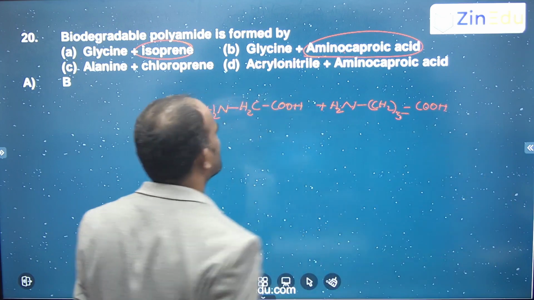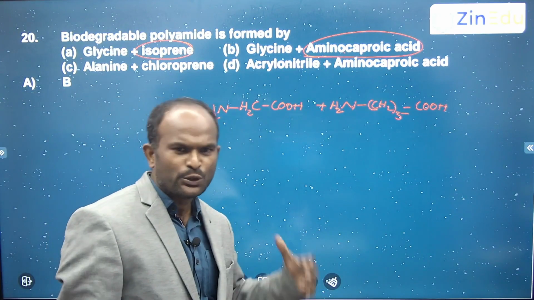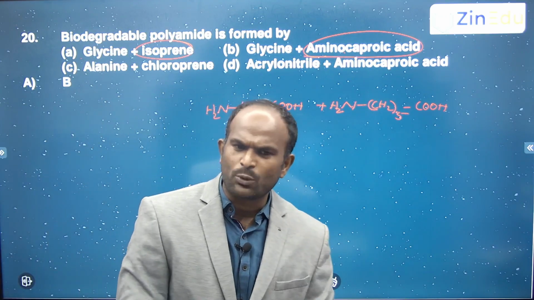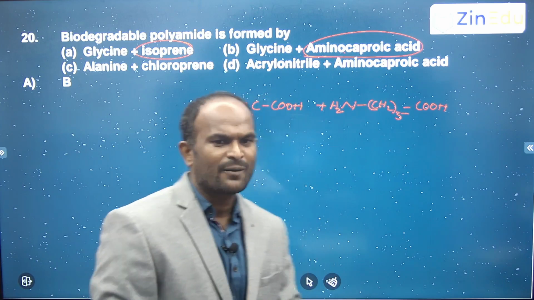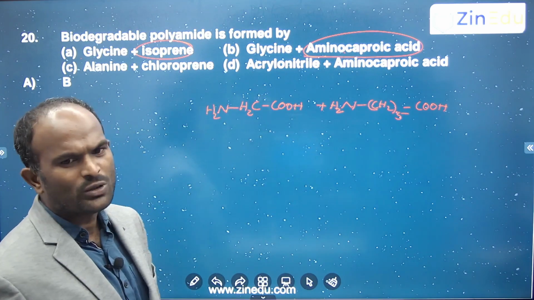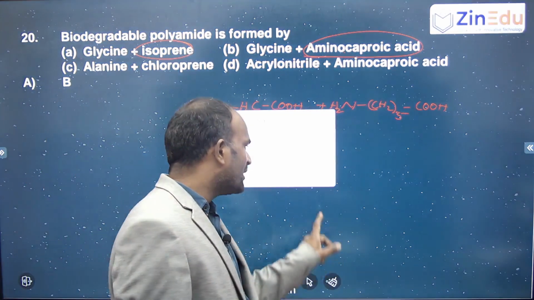Nylon 2,6 is a biodegradable polymer, which is clearly there in the NCERT textbook. You can check once. Glycine along with aminocaproic acid is going to give nylon 2,6, because nitrogen is repeated for every 2, 6 carbons, that is why it is nylon 2,6.